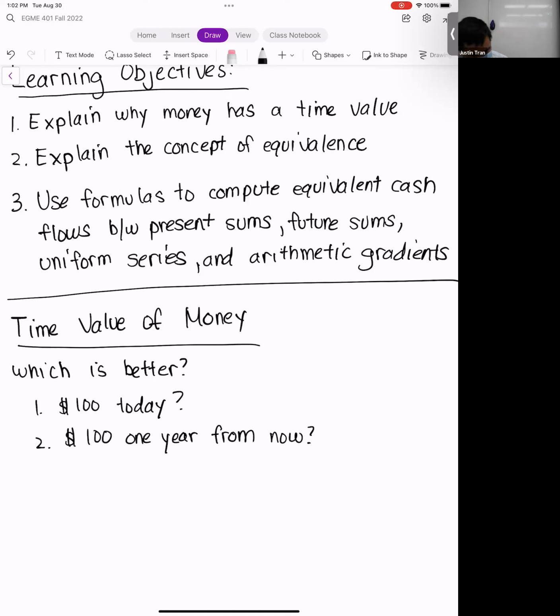What we talked about was that the most preferable option here is to have the $100 today, and there are a lot of reasons for that. If you have $100 today, first of all, if you really want, you can put that $100 bill in your pocket for a year and have option 2.